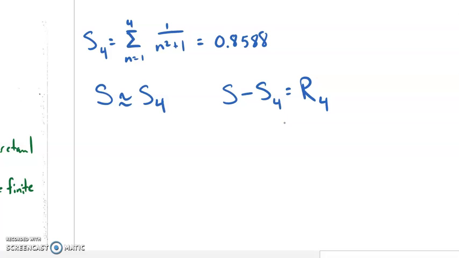Now there's a remainder theorem for these integrals that tells us that r sub 4 is going to be within an interval. It's going to be smaller than the integral from 4 to infinity of f of x dx, but it's also going to be larger than the lower bound of the next sum.